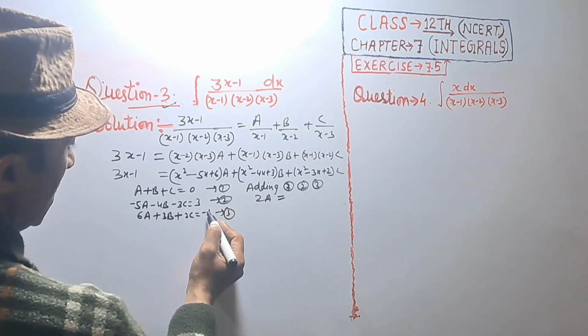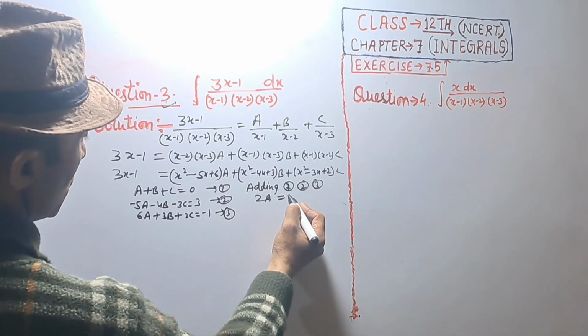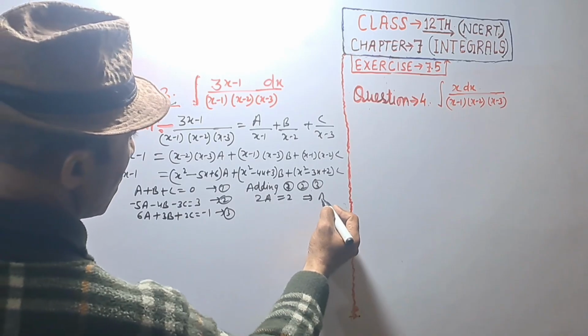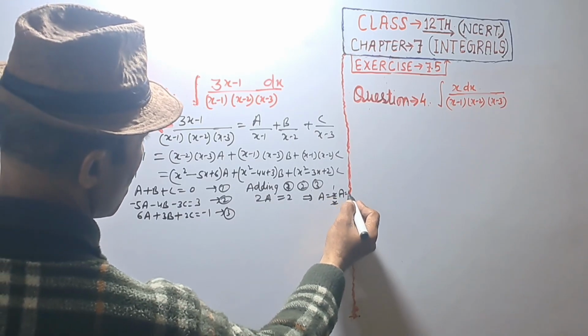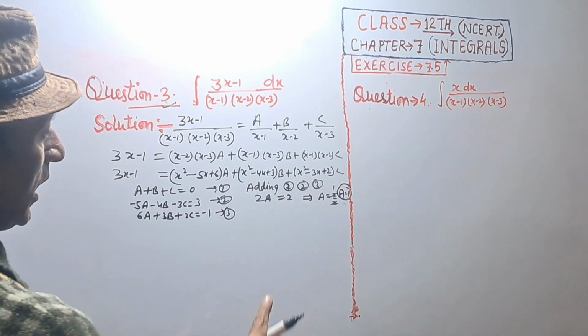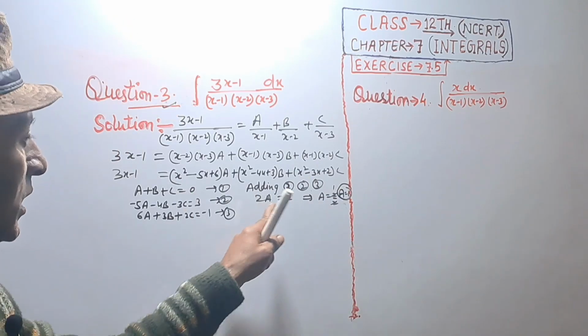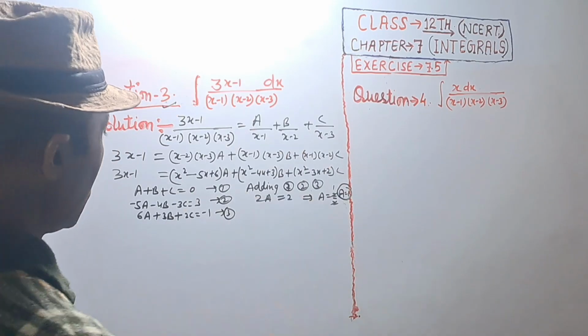Then we get 3 minus 1, which is equal to 2. So A is equal to 2 upon 2, and A is equal to 1.